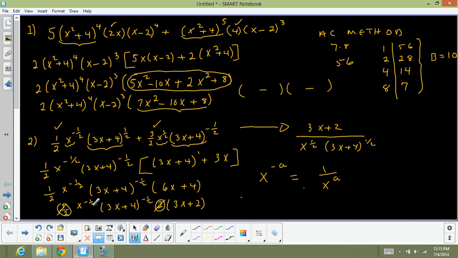And that's exactly what happened here. This is x to the negative 1/2 times 3x plus 4 to the negative 1/2 times 3x plus 2. So we left the 3x plus 2 in the numerator and moved the x to the minus 1/2 to the denominator, so it now has a positive exponent. And likewise, the 3x plus 4 to the minus 1/2 is now in the denominator with a positive exponent.